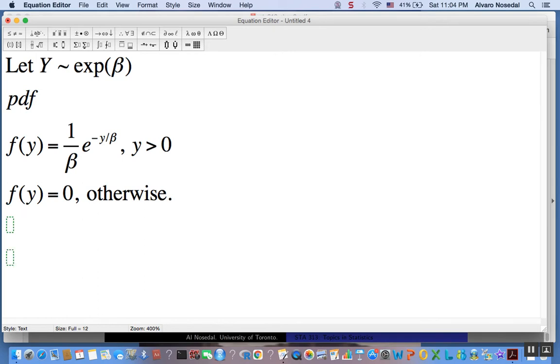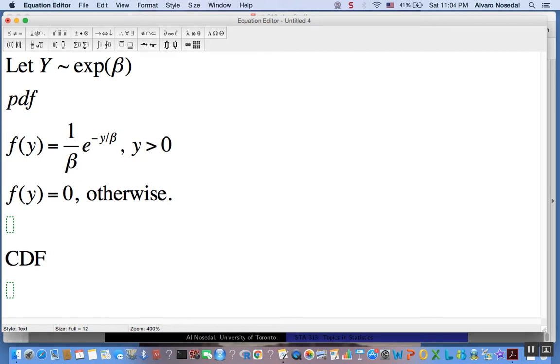So now what I said is let's find the CDF. That might be useful, and you'll see in a second that it's going to be useful with this problem.